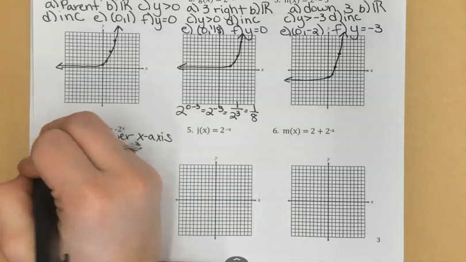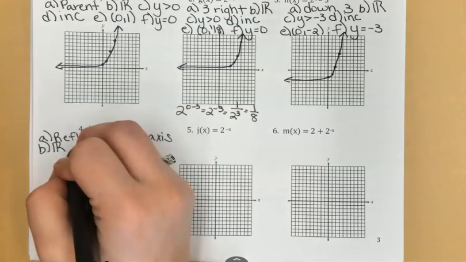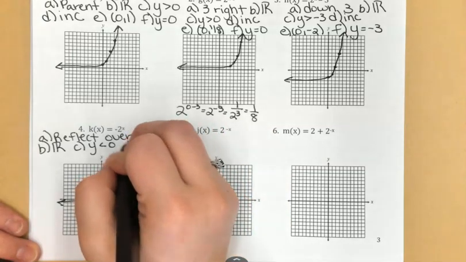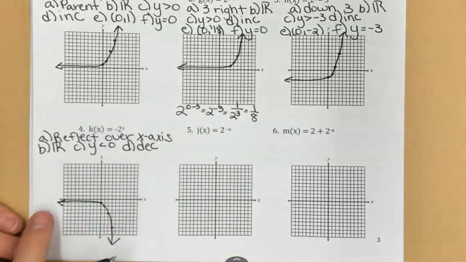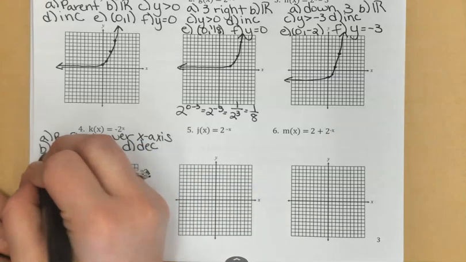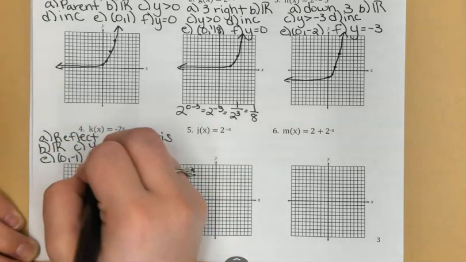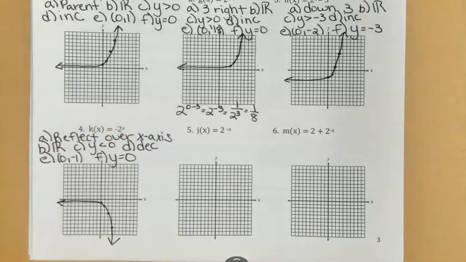The domain of this graph is all real numbers. My range is that y is less than 0. My graph is decreasing because if I were to be walking from left to right, I'd be going downhill. My y-intercept is at 0, negative 1. And my horizontal asymptote is still at y equals 0.